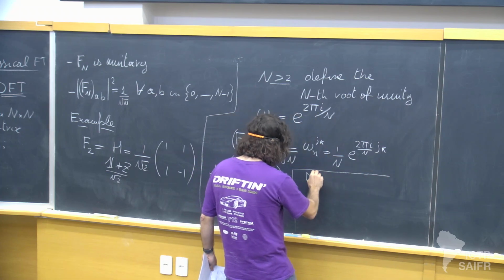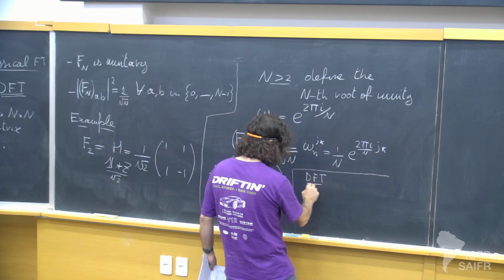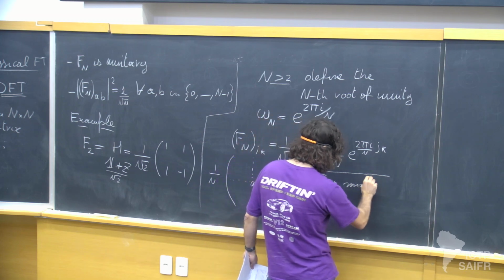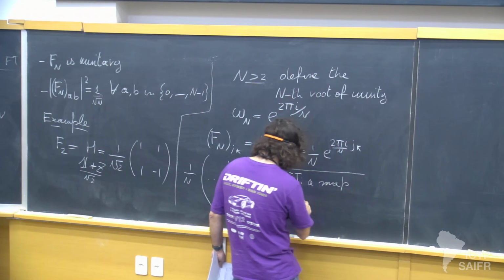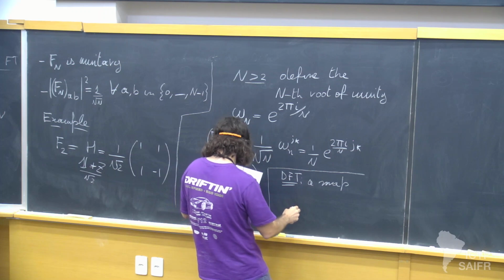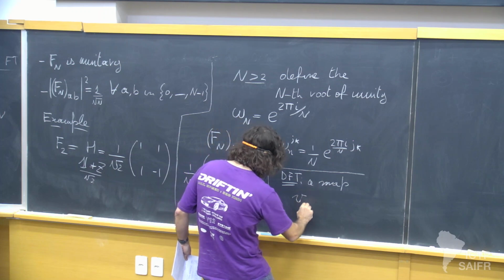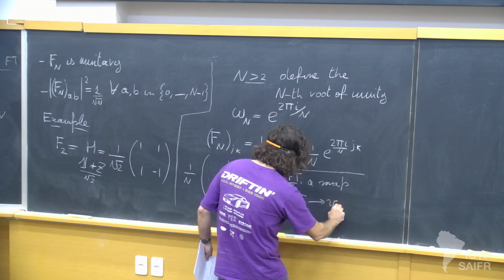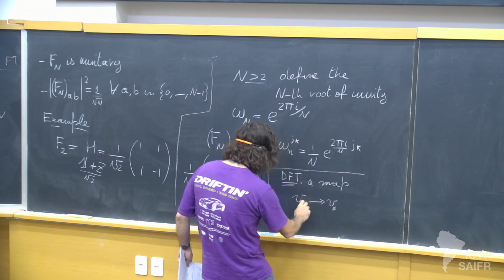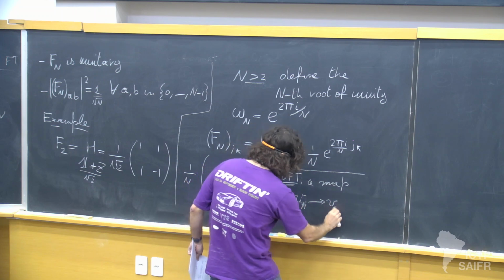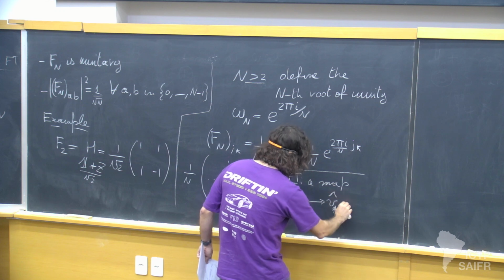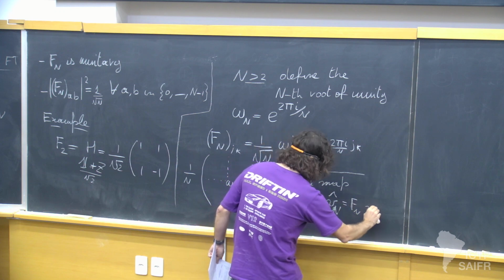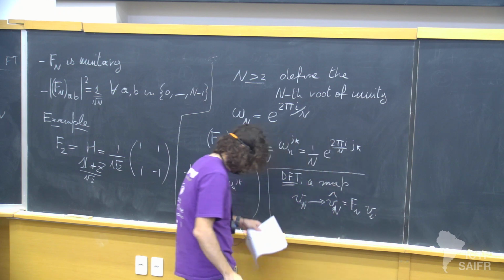So once we have defined this object, we can compute the discrete Fourier transform. It's a map that takes a vector Vn and maps it to V-hat, which is simply Fn Vn, right?